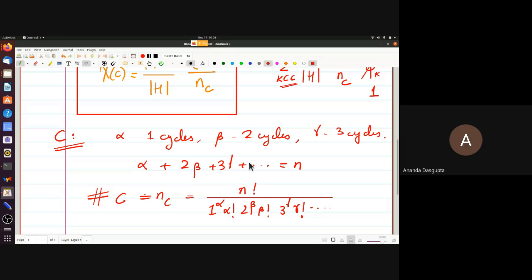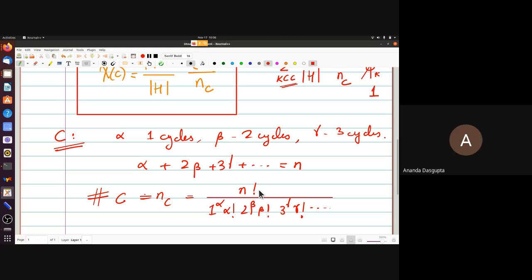These numbers are simply how many distinct permutations you have with the same cycle structure. And remember, we had already figured out that in Sn, every element with the same cycle structure is in the same class. I hope everybody remembers that.